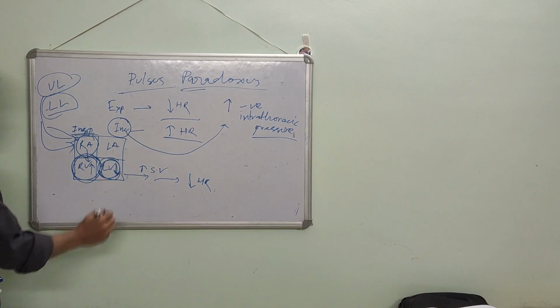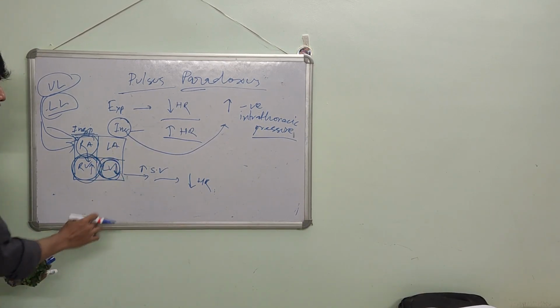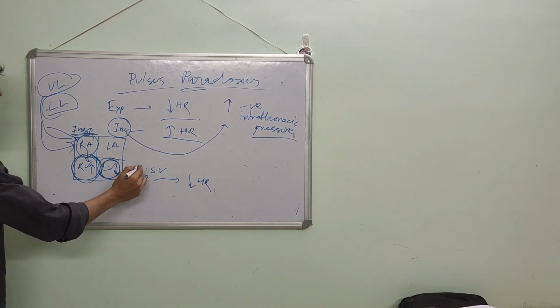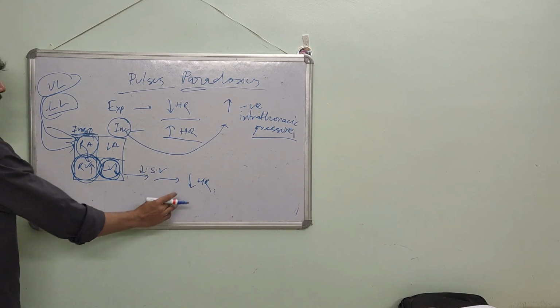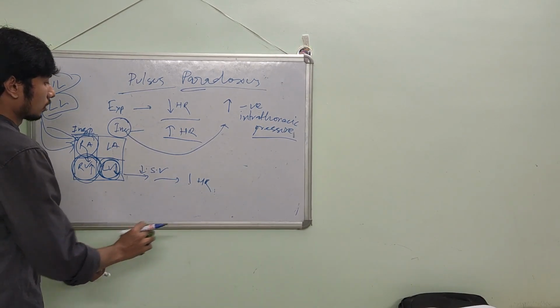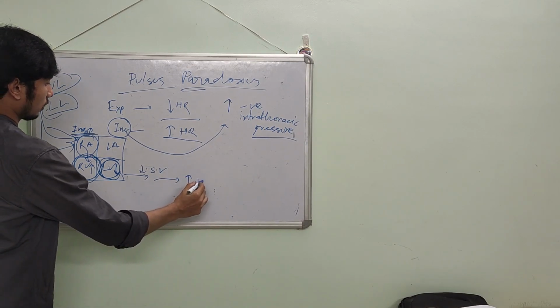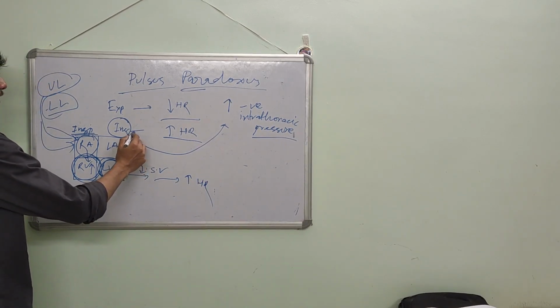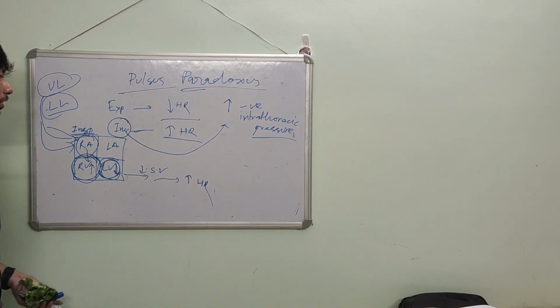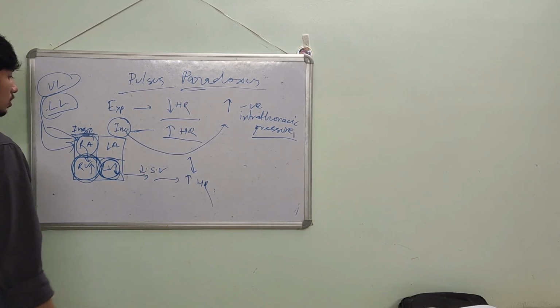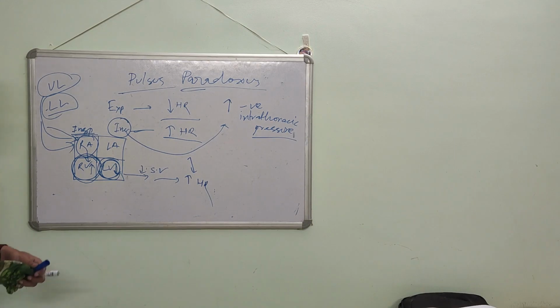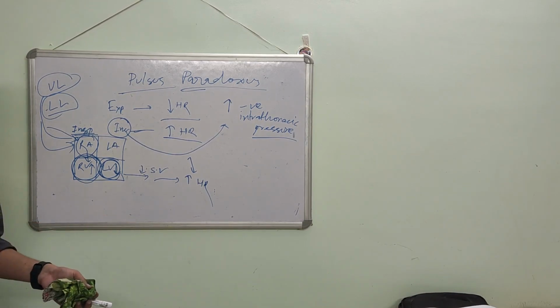So if it gets decreased, what will happen to the stroke volume? It will decrease. What will happen to the heart rate? It will increase. So the basic thing is the same, the heart rate will be increased, but there are two causes for that, right? One is as I explained earlier, another is this. So this was all about water hammer pulse and pulsus paradoxus.